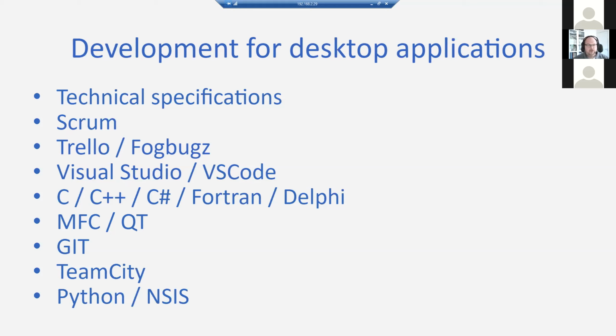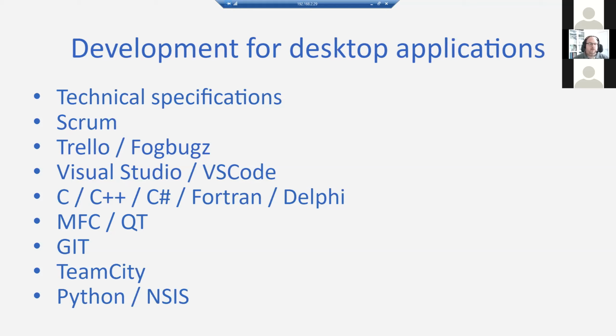For the desktop applications, we have a wide spectrum of languages, everything from C to C++, C#, to Fortran actually, and also a little bit of Delphi. It's mainly, you saw Impact there before, which I showed you. That's C#. That's a big C# product. And WinStatic is basically C++ at the bottom.